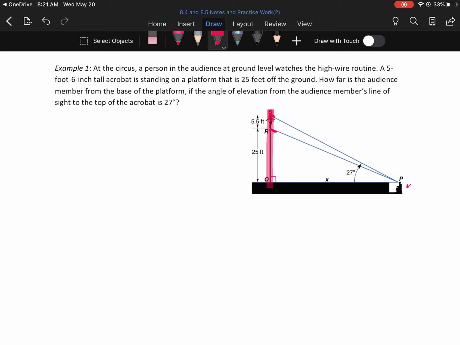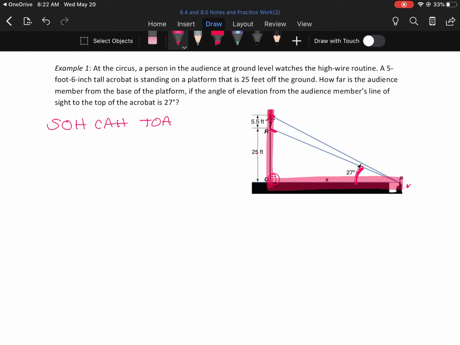So we know the opposite side, we know the angle, and it looks like we're trying to find the adjacent side. So if we think back to this, we're going to have to use SOHCAHTOA because it is a right triangle. If this is the angle measure we're referring to, we know the opposite and the adjacent.